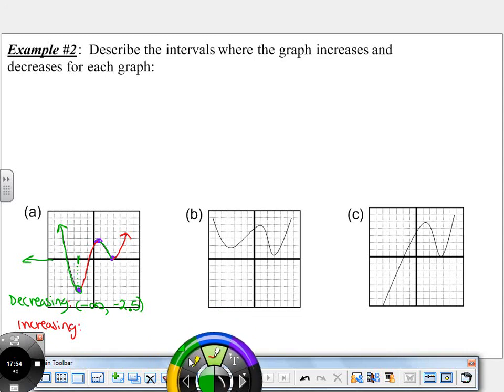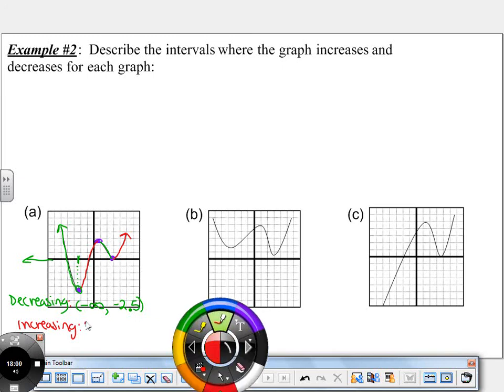If you put a solid bracket, it means you include that point. So right now I'm saying I'm not. Then we are increasing from negative 2.5 until, I don't know, let's just call it 0.5. Am I using x or y values to list my increasing and decreasing intervals here? X values. Where along the x value I'm listing?